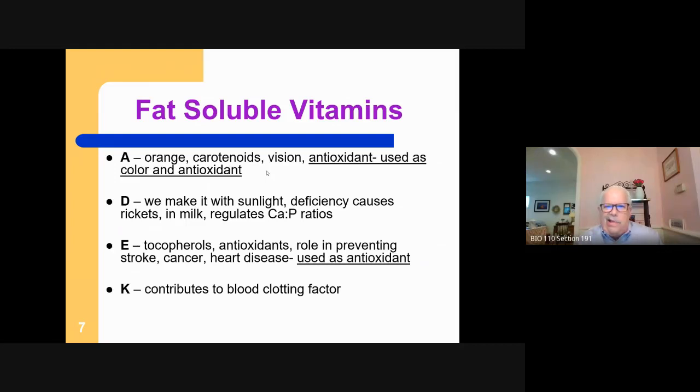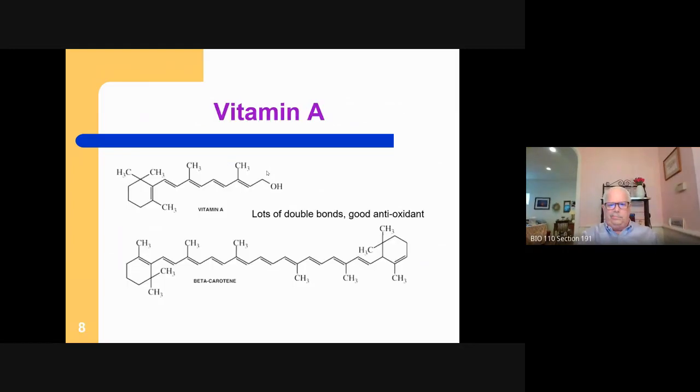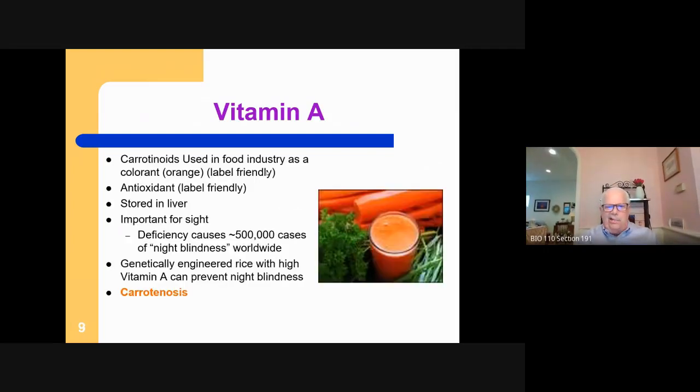Vitamin A. Vitamin A is an antioxidant. Vitamin D we'll talk about, vitamin E we'll talk about, and vitamin K we'll talk about. Vitamin A, no, I'm not going to ask you a chemical formula on exam number 3. Vitamin A is known as a carotenoid. The word carrot.